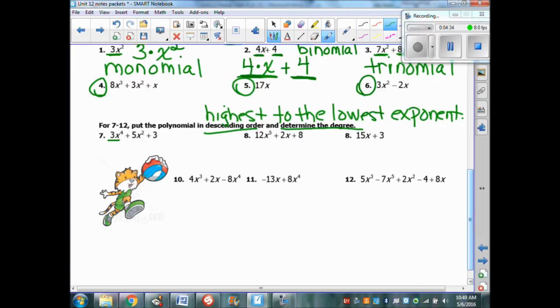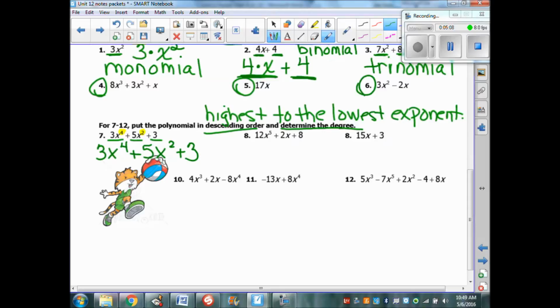When I look at my 3 terms, you've got to underline those terms. I look at the exponents. We've got x to the 4th and an x squared, and then that 3 is a constant, so it doesn't have a variable. Are they in descending order, meaning highest exponent to lowest? So I go from 4 to 2, and then I don't have an exponent on that 3. So that is already in descending order, so I'm just going to rewrite it.